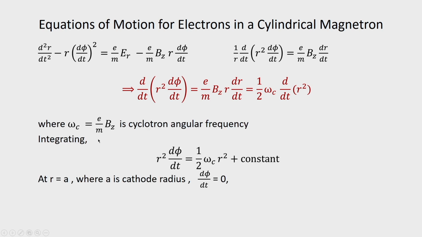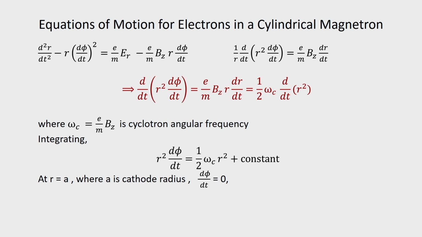Integrating the above equation, we get r squared d phi/dt is equal to half omega_c r squared plus some constant of integration.